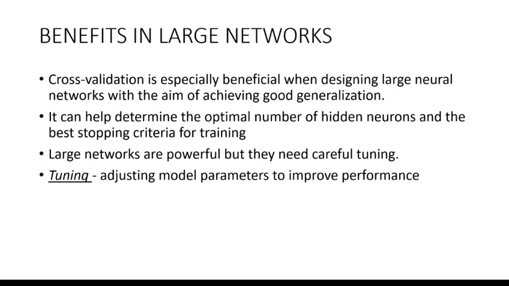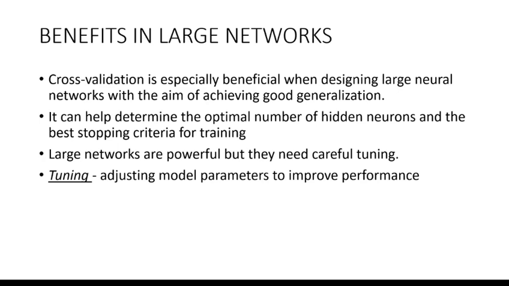So when you have large neural networks, cross validation can help us decide where to stop the training. You must stop the training at a particular point such that there is no overfitting or underfitting. The model has to be trained perfectly. Finding the balance of when to stop is very important.